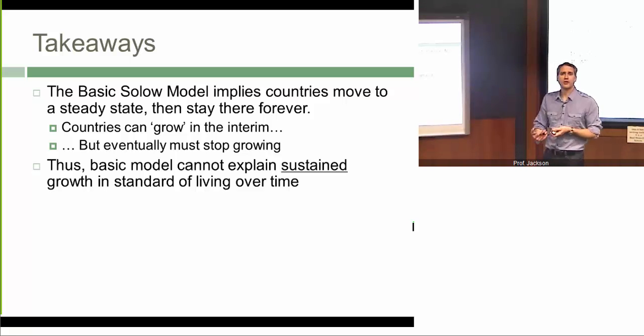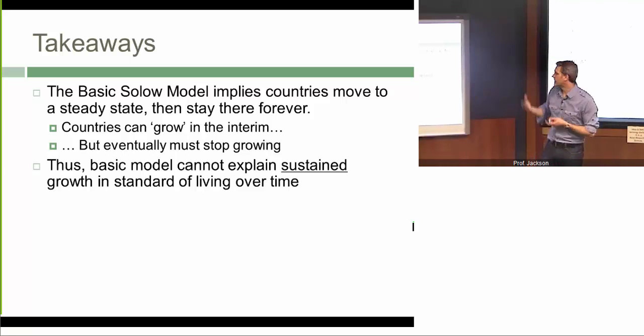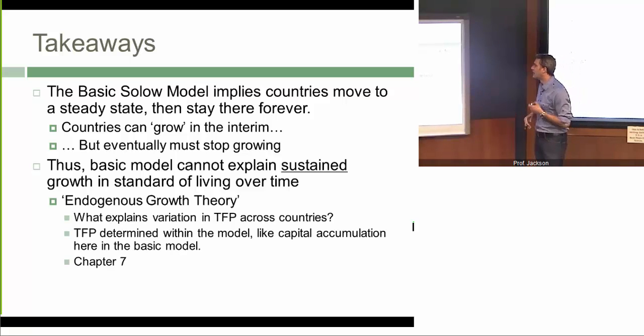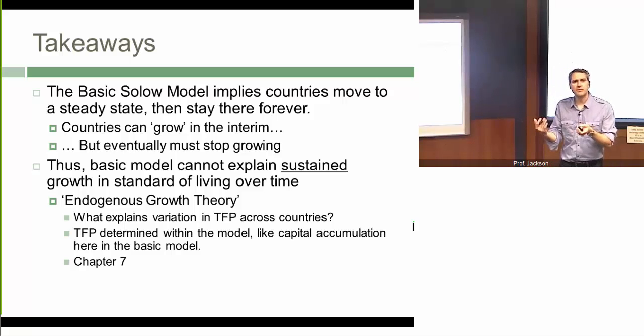If you look at countries like the US and other countries, you see long-run growth of 2 to 3% over really long periods of time, decades and decades, and this model can't seem to explain that. The way we get around that and enhance this basic framework is what's referred to as endogenous growth theory. The basic idea is trying to understand and explain how variations in total factor productivity occur across countries and over time.